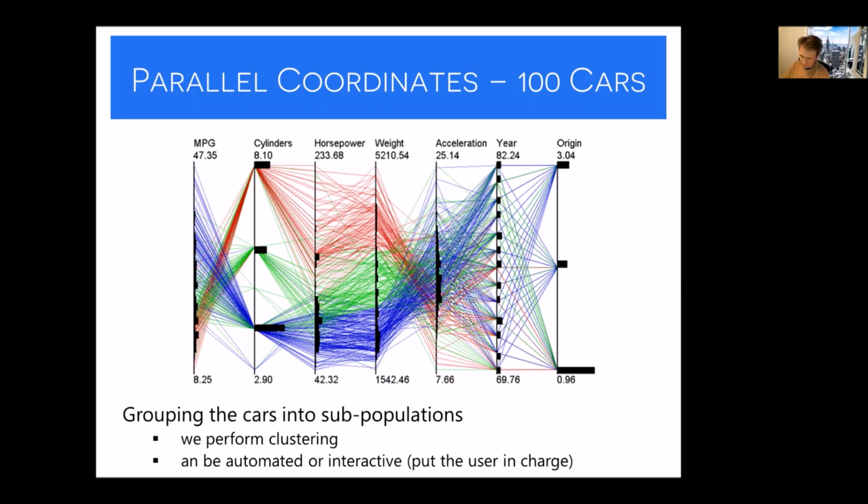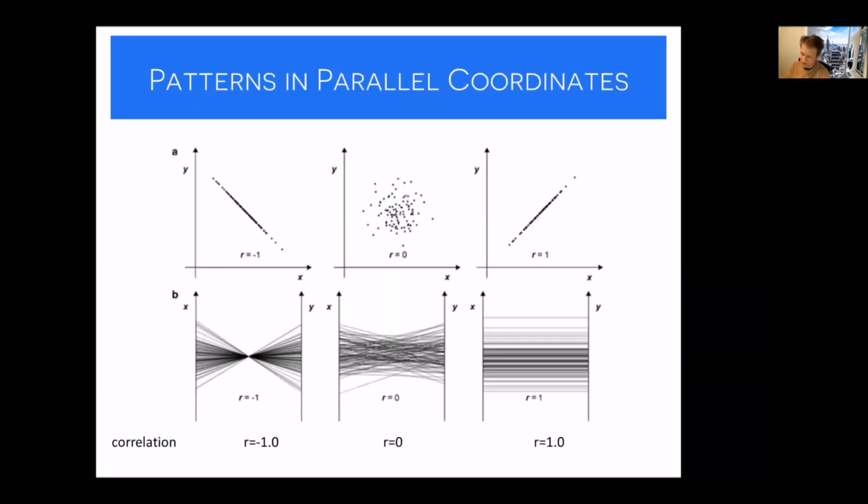It should be interactive. I want to tell you a little bit more about how to read these parallel coordinates. A negative correlation in a scatter plot looks like a bow tie in a parallel coordinate plot. This is basically when a point has a high value in one dimension and a low value in the other, right?